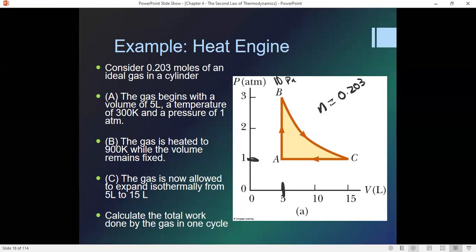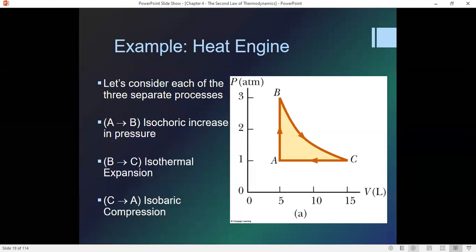The gas is heated to 900 degrees Kelvin, so we go from 300 to 900, while the volume remains fixed. It's isochoric, no change in volume, so no work. The gas is now allowed to expand isothermally from 5 to 15 liters. Calculate the total work done by the gas in one cycle.